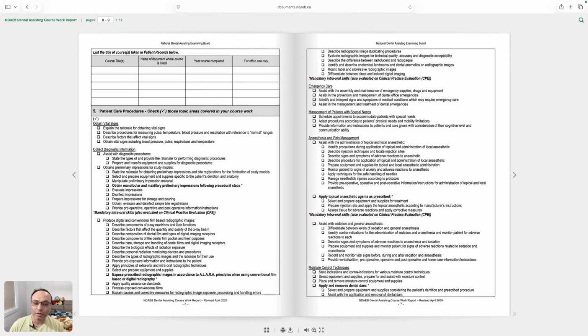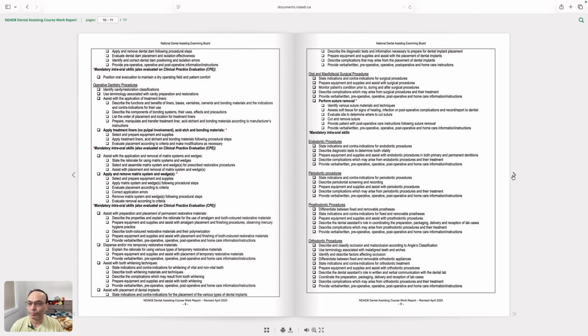So, year third or year 4 of your schooling, whatever that may be. Emergency care, anesthesia, and pain management, again, that is part of the final year. So, go into the final year mark sheet and you will find it there.